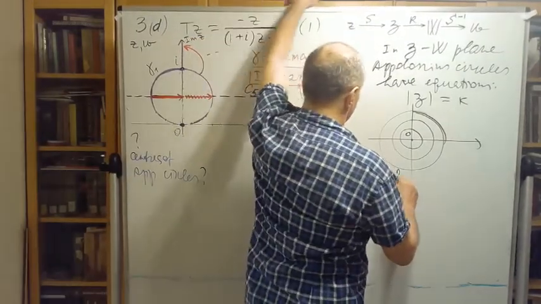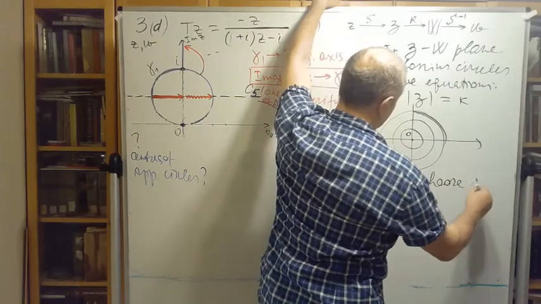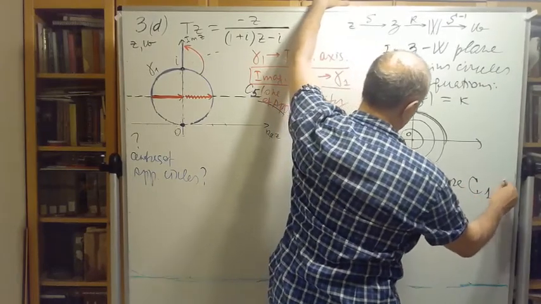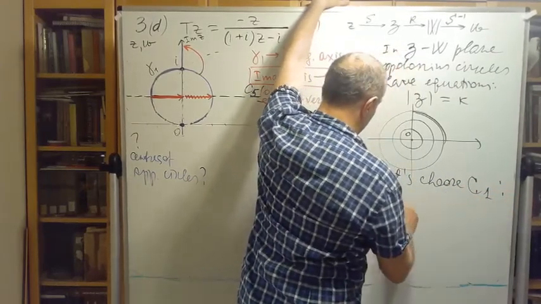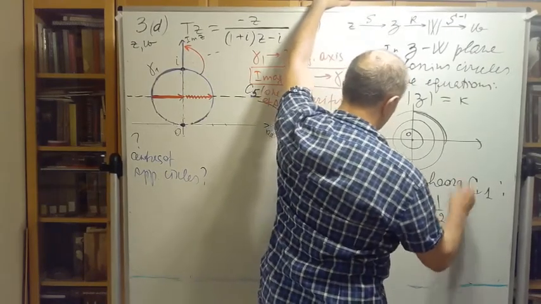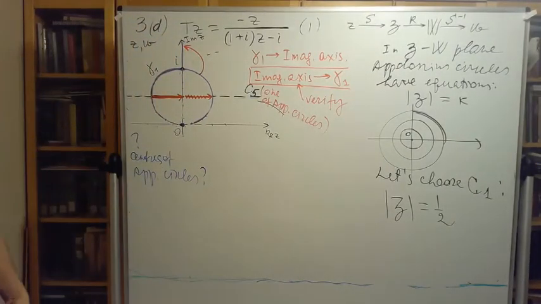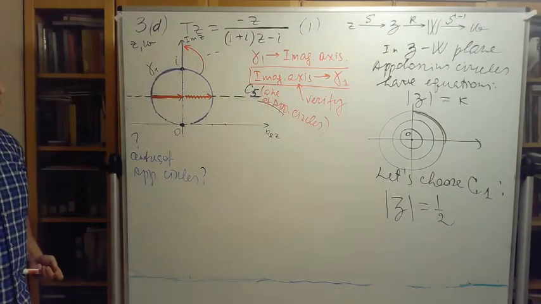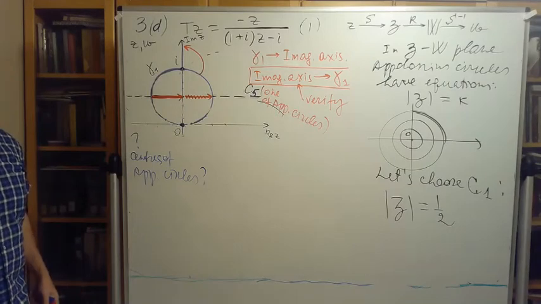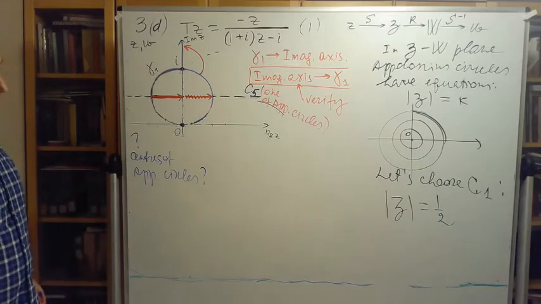Let's choose, we want one circle, yes? Let's choose circle C1, now I give it the name C1, modulus Z equals 1/2. Why 1/2? Don't ask me. But I advise you to consider another circle with equation, for instance, modulus Z equals 2 or 3.